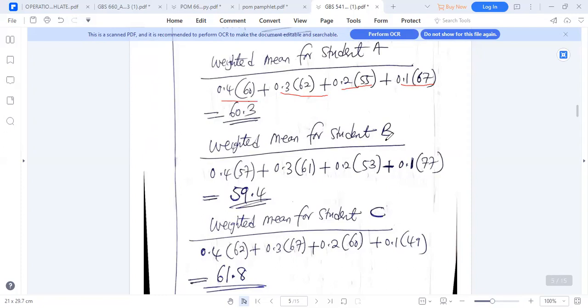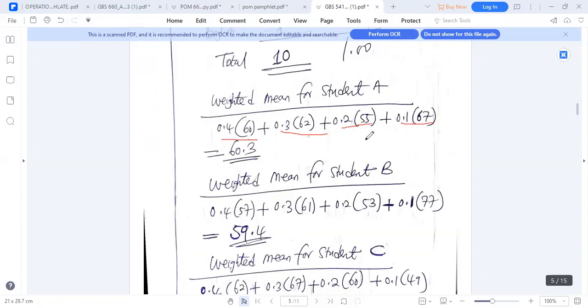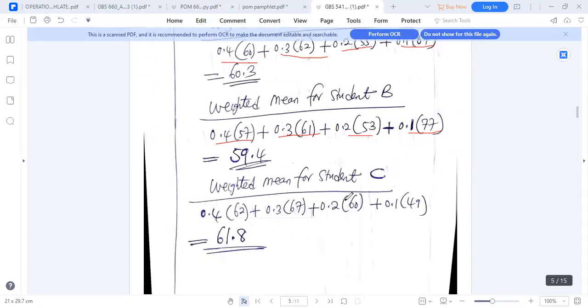Then for student B, 59.4, multiplying by the weights and dividing by these aspects. Then for the other one, we get 61.8.